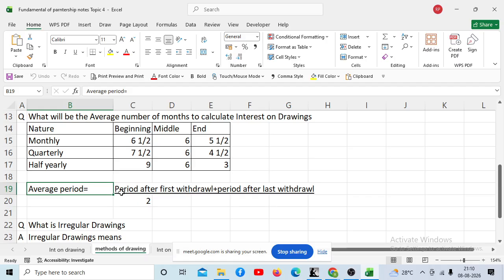Average period is equal to period after first withdrawal plus period after last withdrawal divided by 2. I mean, this is the logic of getting these months, like how it is coming.